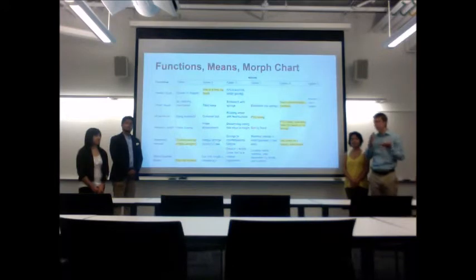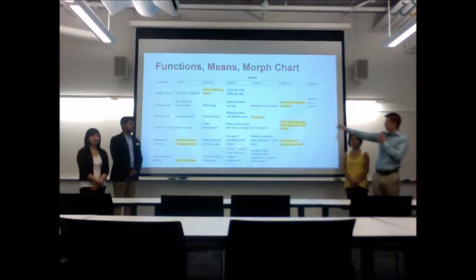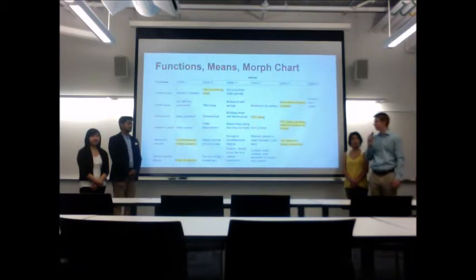Then we had measure and sort by length, determine material and sort by material, and finally storing and organizing blocks. For each of these functions, we came up with a number of different means to accomplish them, and the highlighted ones here are our final means, and they came straight off of our morph chart.